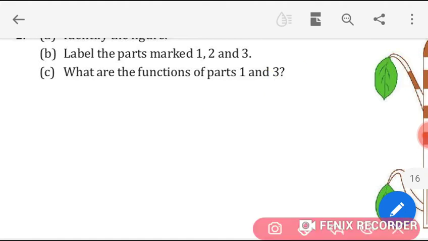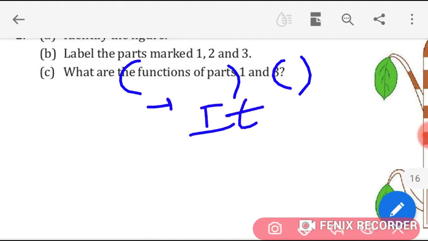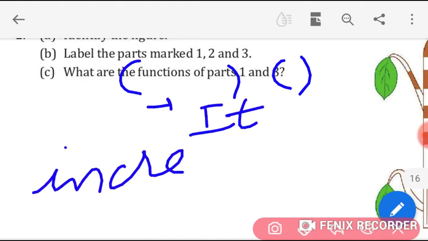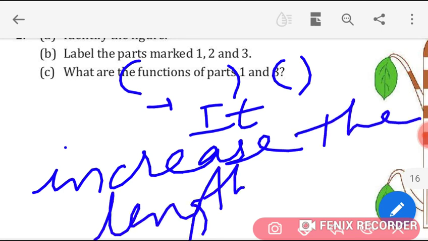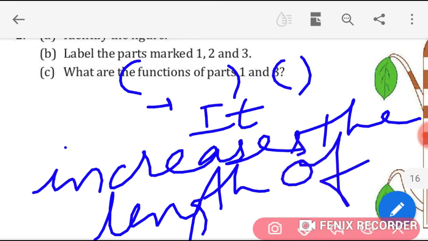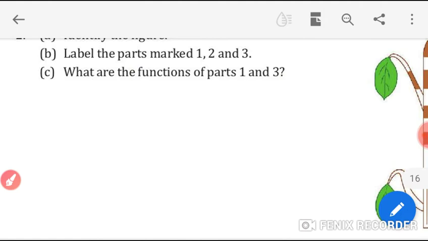Now the function of part 3. It increases the length of plant organ.